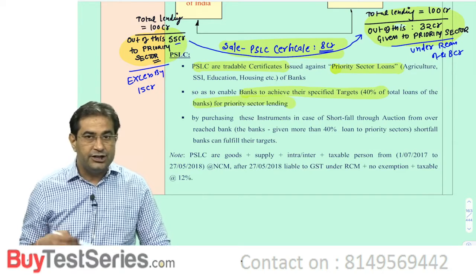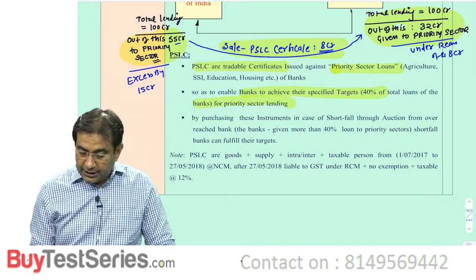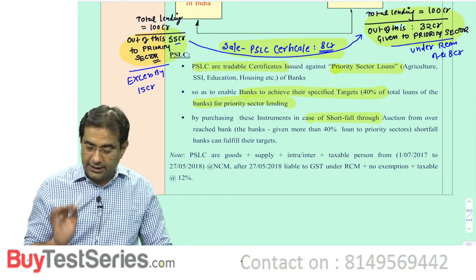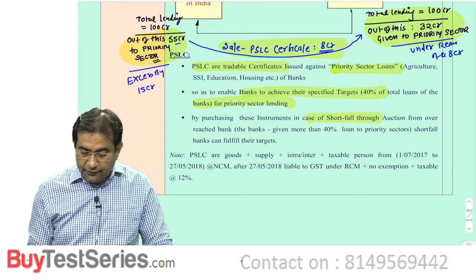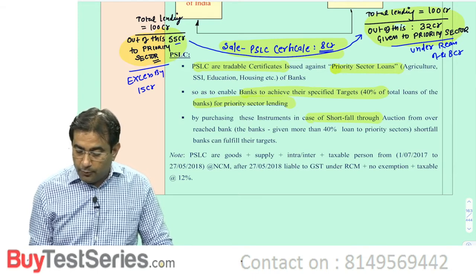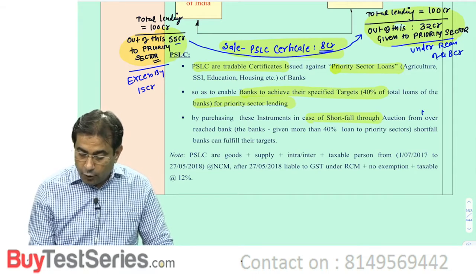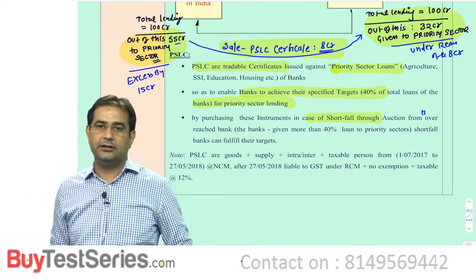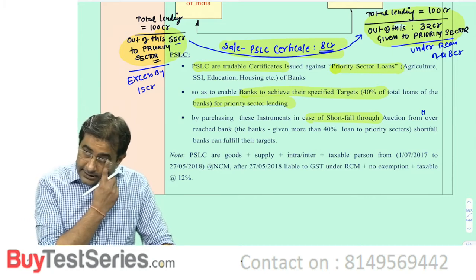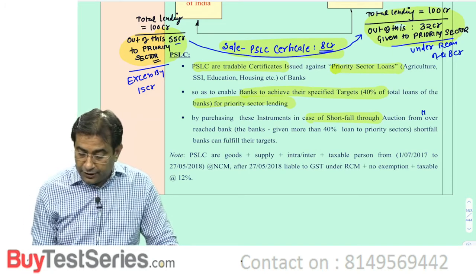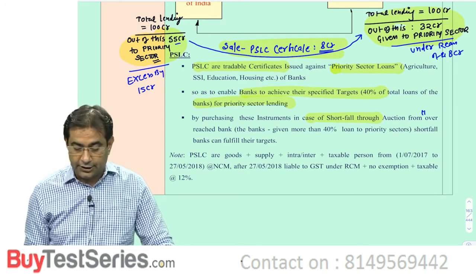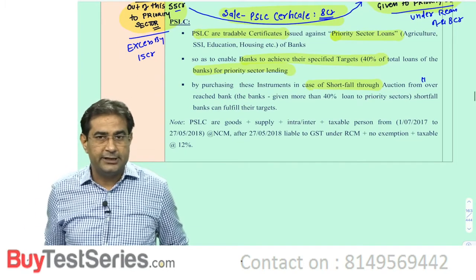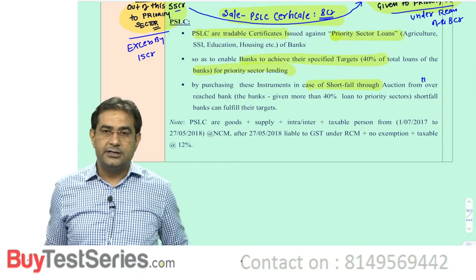By purchasing these instruments, in case of a shortfall, because there is a shortfall with the HDFC Bank of 8 crore rupees, it buys from an overreached bank, that is the banks that have beaten the target, that is SBI, the bank that gave more than 40% loan to priority sectors. Shortfall banks can fulfill their targets by purchasing such certificates.